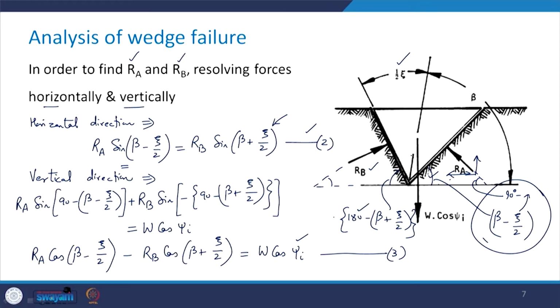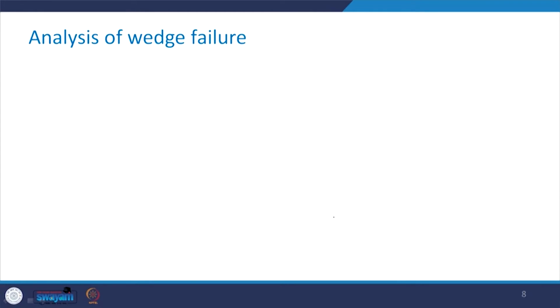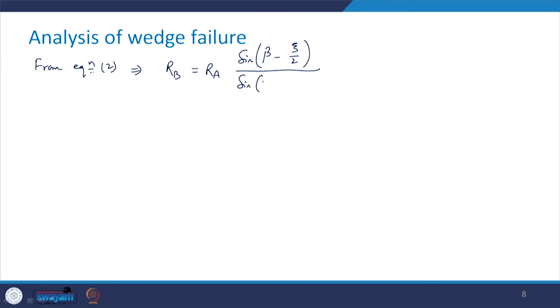Now, from this equation number 2, we can write RB in terms of RA. So, from equation number 2, RB can be written as RA into sine of beta minus zeta by 2 divided by sine of beta plus zeta by 2.